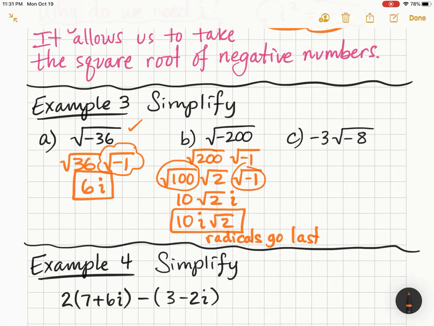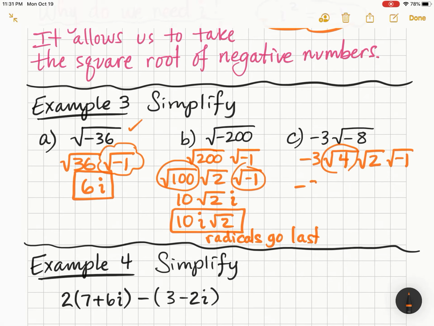Alrighty, let's look at this problem. Well, I see that I can simplify what's under the radical. I can break that apart to 4 because 4 goes into 8 and that's a perfect square. I can go 2 and -1. That's a perfect square, so I'm going to take the radical sign off.